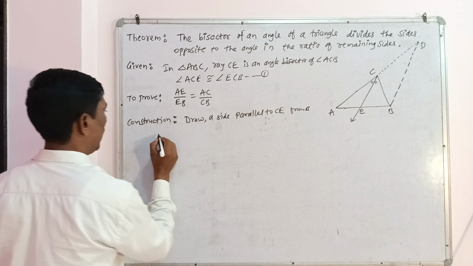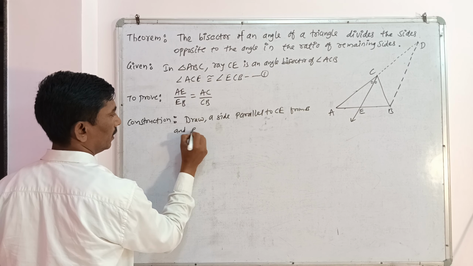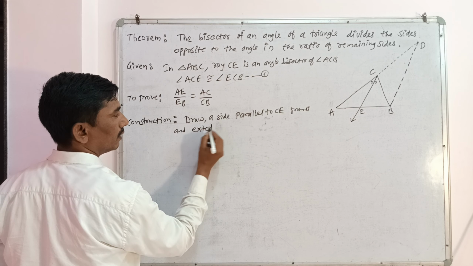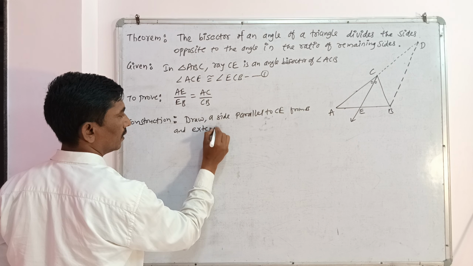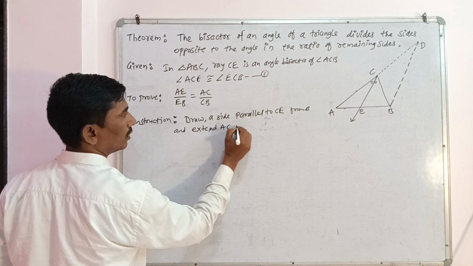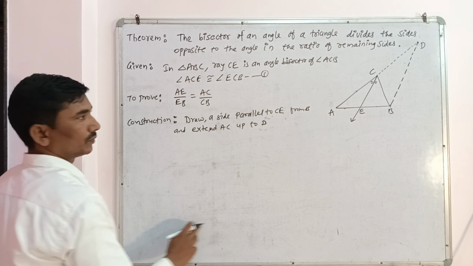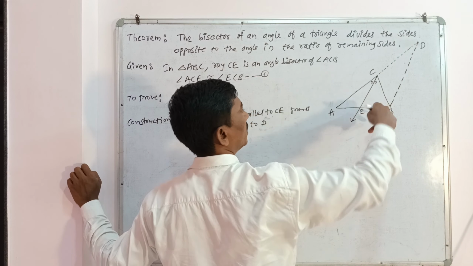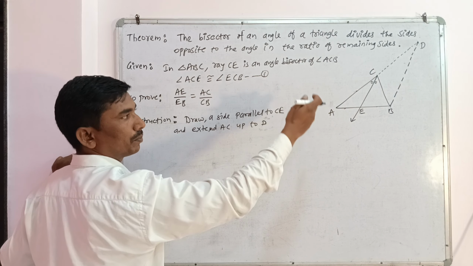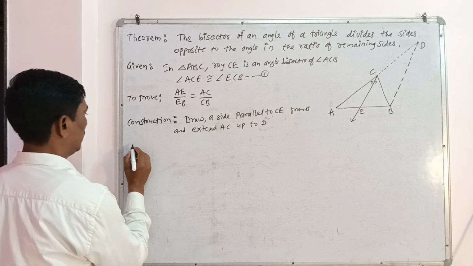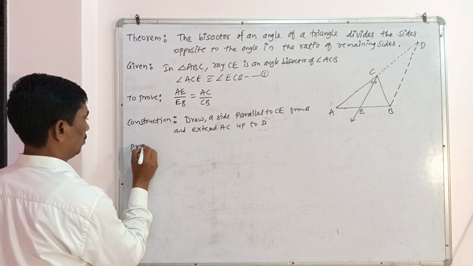From B, and we extended AC up to D. We extended this AC up to D, and then BD becomes parallel to CE. Okay. Now we'll have the proof.